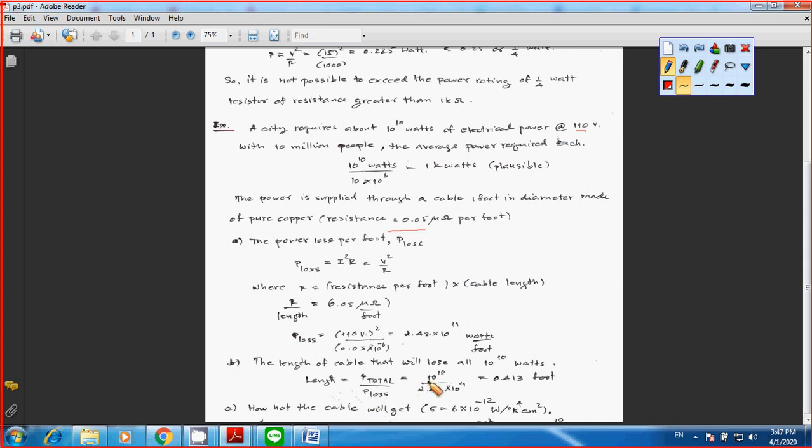Your P total is 10 to the 10th, the starting electric power, and your P loss in the copper wire equals 2.42 times 10 to the 11th. So you end up with a copper cable length of 0.413 foot. Hopefully this gives you some picture of what's going on in your resistor.